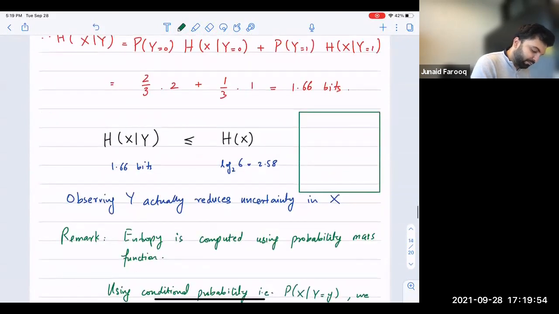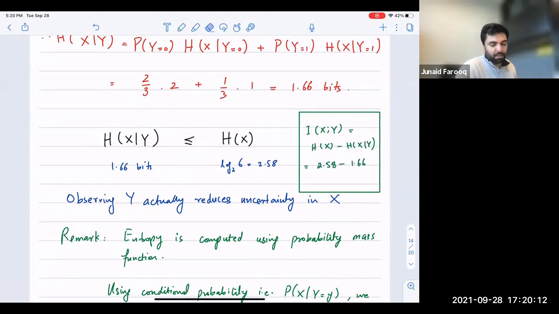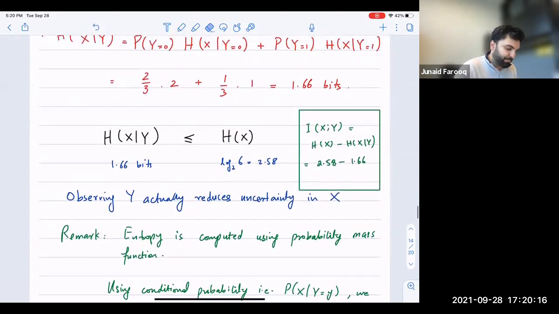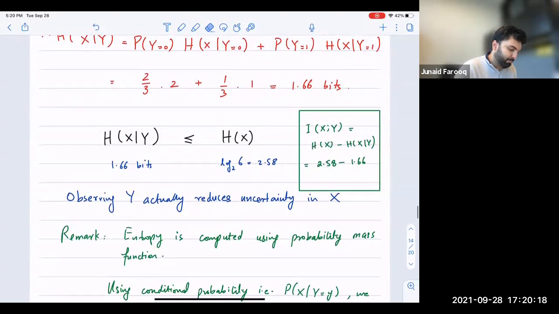You have H of X, you have H of X given Y. What is I? It is actually H of X minus H of X given Y, which is going to be 2.58 minus 1.66, right? I don't know what it comes out to be, but that's the mutual information. It's just a number. That's it. Okay, got it. So you can get any problem, you get that.